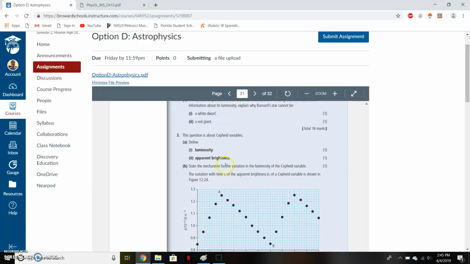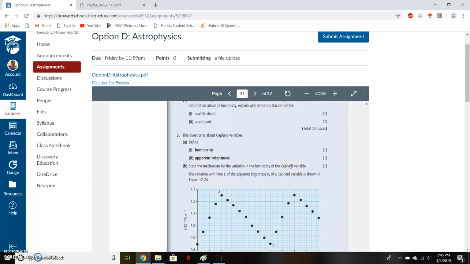And apparent brightness is the power from a star perceived by a person on Earth. So that's why it's the apparent brightness. And moving on, B, state the mechanism for the variation in luminosity of the Cepheid variable.